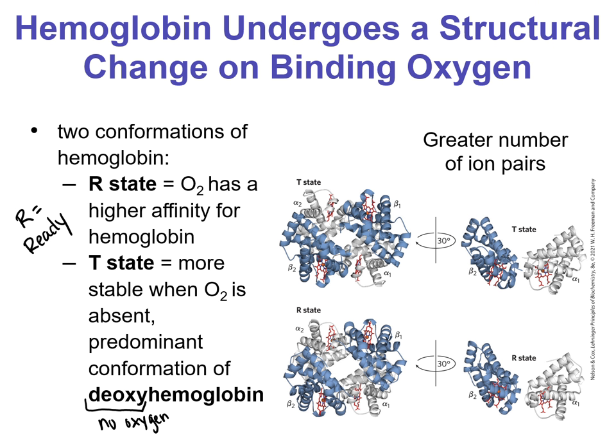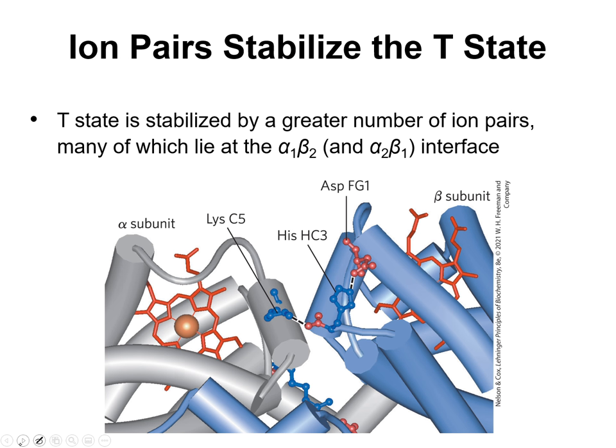But in a nutshell, the ion pairs change between the different alpha and beta subunits. So the T state has a certain set of interactions that allows it to stay together. The R state has a slightly different set of interactions that stabilizes its conformation, including the oxygen being bound.